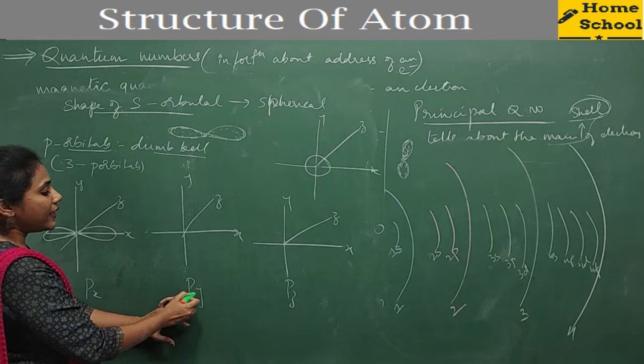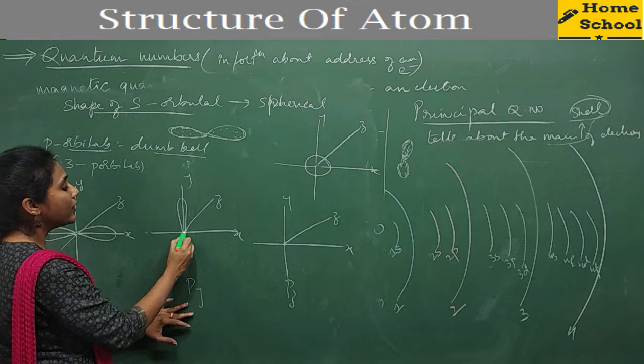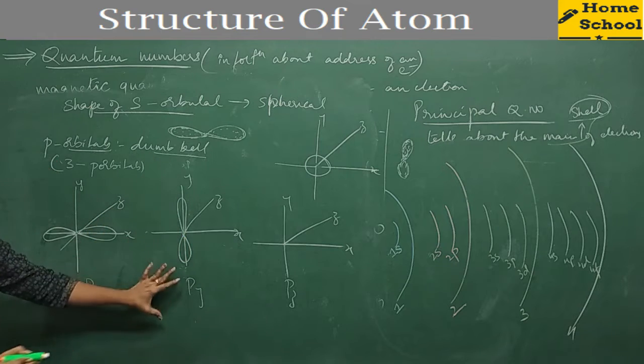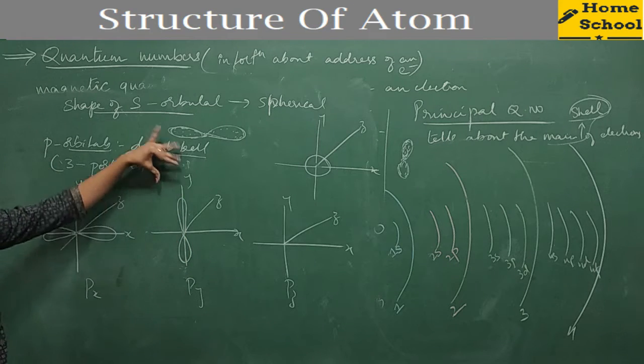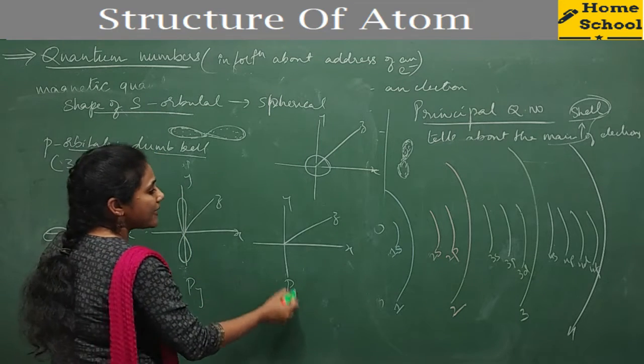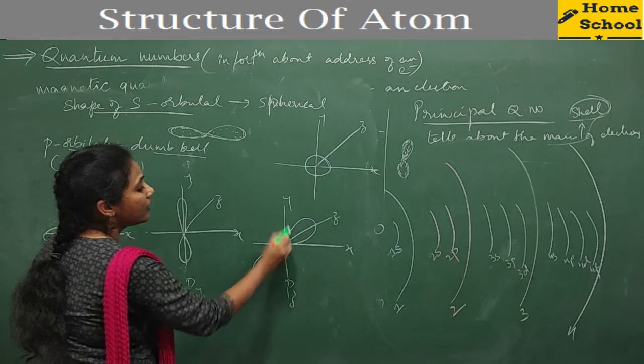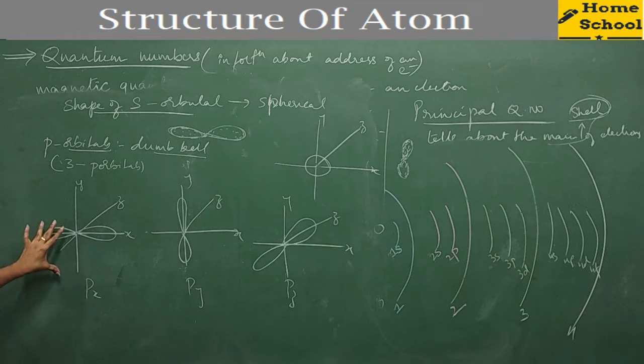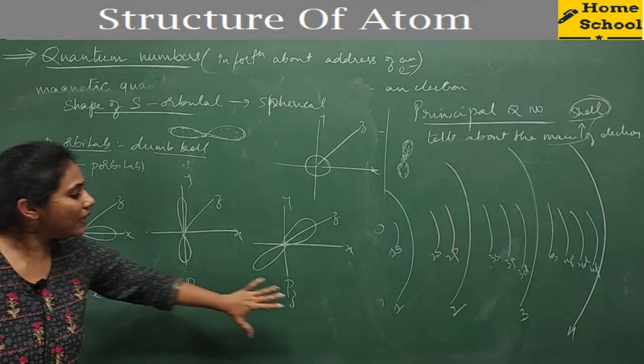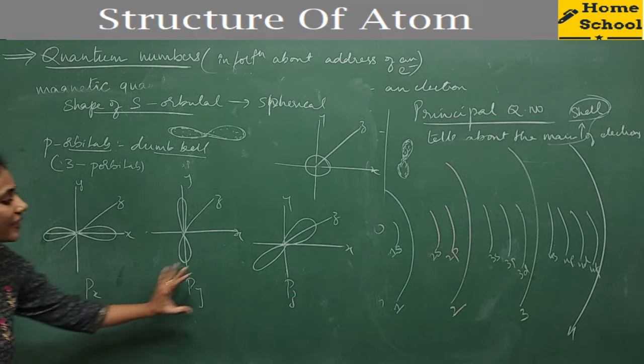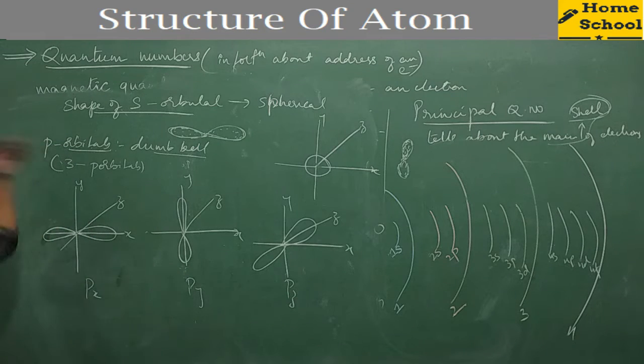And what is the orientation of the py orbital? Located on the y-axis. Orientation is along the y-axis. And pz orientation is along the z-axis. So this is px orbital, py orbital, pz orbital. These are the names of the 3 p orbitals. Clear?